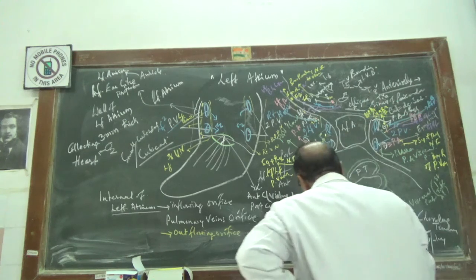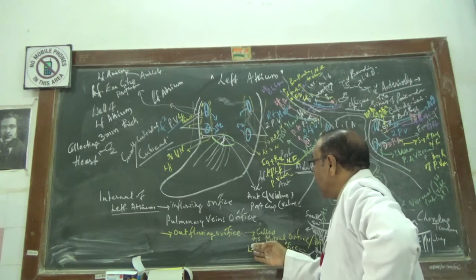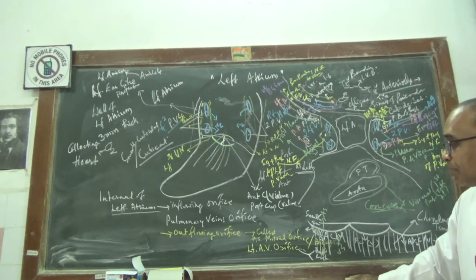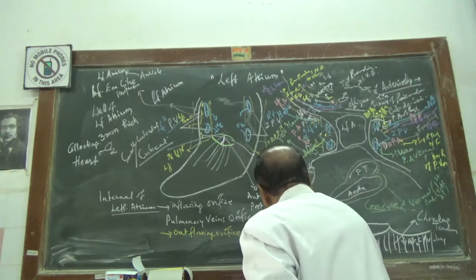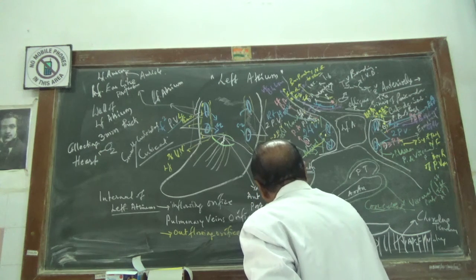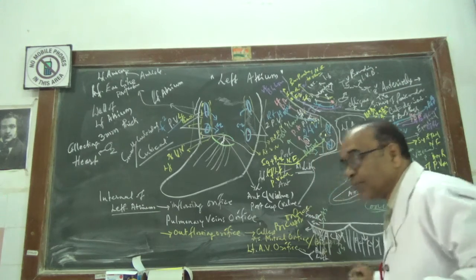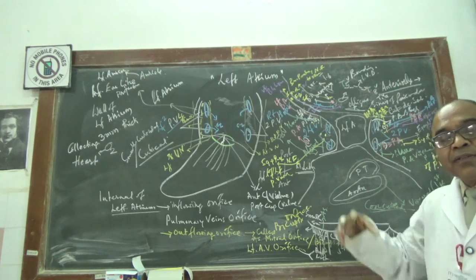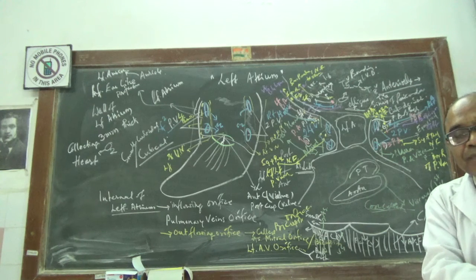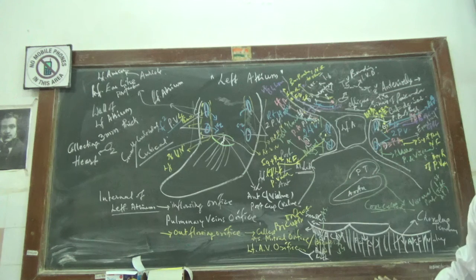Then the left atrioventricular orifice, or mitral orifice, or bicuspid orifice, is directing backwards and towards the left.